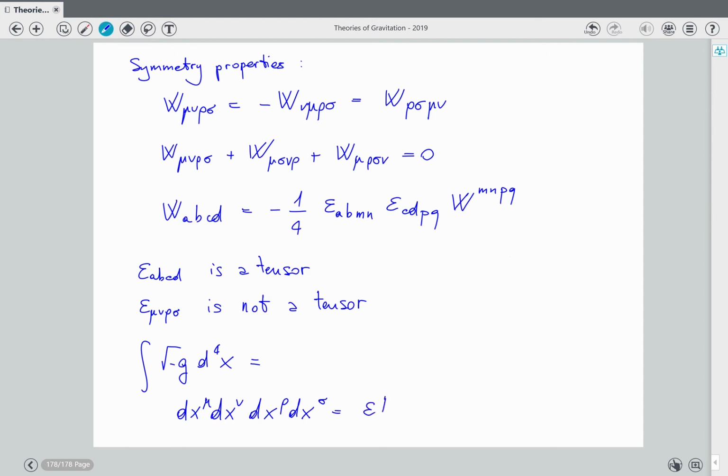We know that this is epsilon mu nu rho sigma d4x. So one thing you can do is multiply everything here by epsilon mu nu rho sigma with lower indices.